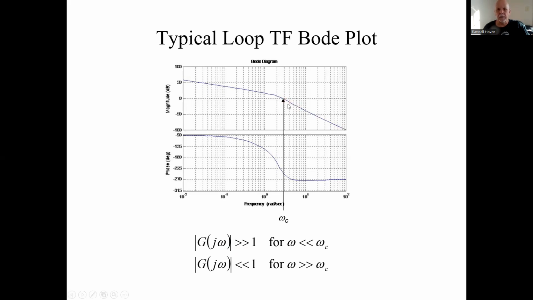To the right of that crossover frequency, it keeps getting smaller in dB, so it's much less than 1. Screwy things can happen. We're going to ignore those. This is a typical loop Bode plot.